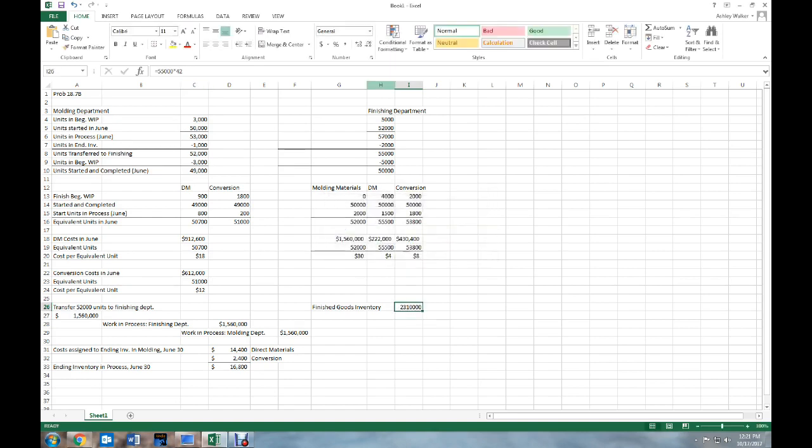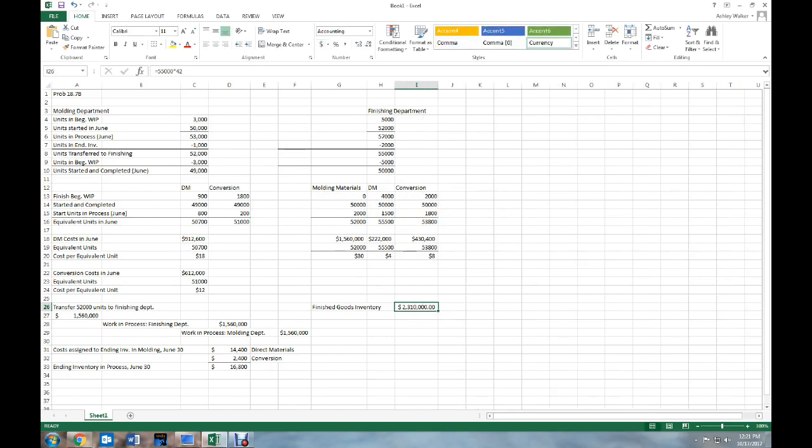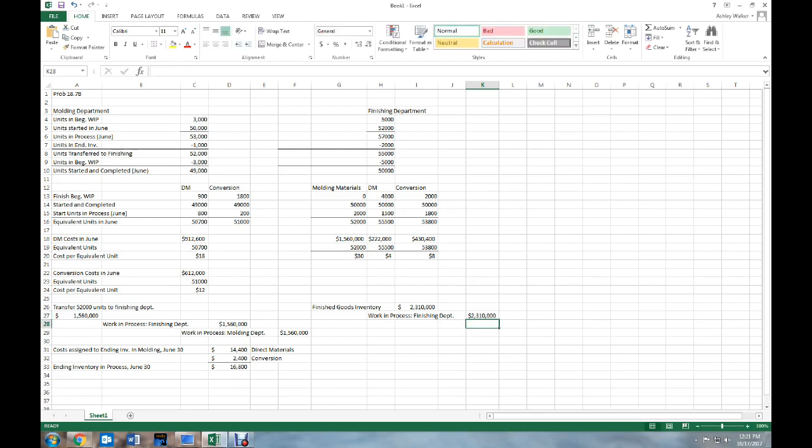So that's our $2,310,000. So finished goods inventory, that's how much it gets. Now, where's it coming from? Us, finishing department. So we're taking it out of our work in process inventory. It's been transferred to finished goods. That is our summary journal entry.